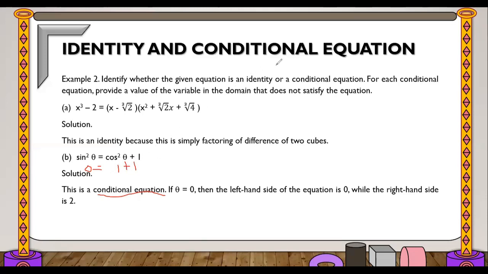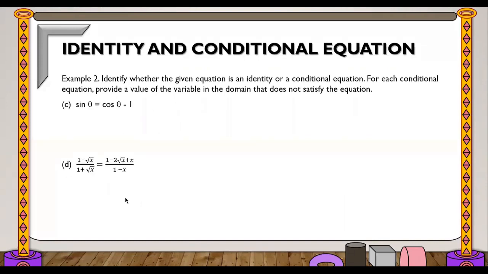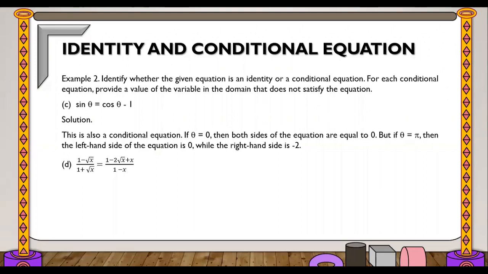Diba? Magiging magkaiba yung kanilang condition. So magiging unequal. So that's why tinatawag natin na conditional yung equation na to. Kasi hindi lahat ng value ng theta natin ay applicable doon sa ating equality. So that is conditional. For letter C, we have sine theta equals cosine theta minus 1. Ganon din. Isa rin siyang conditional equation.